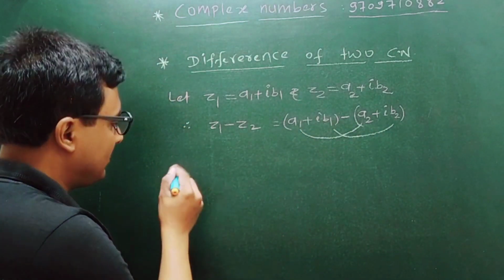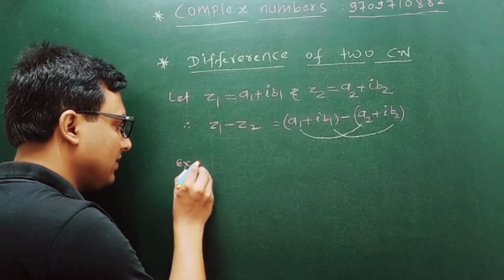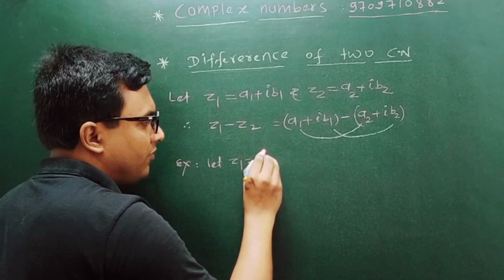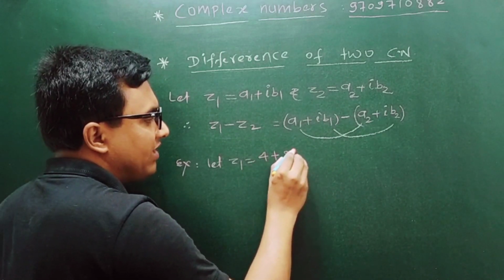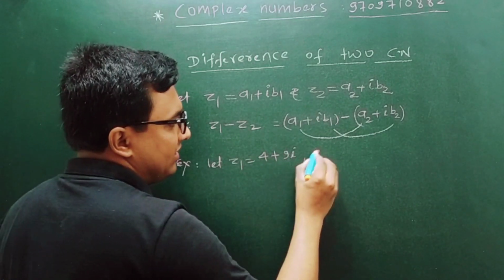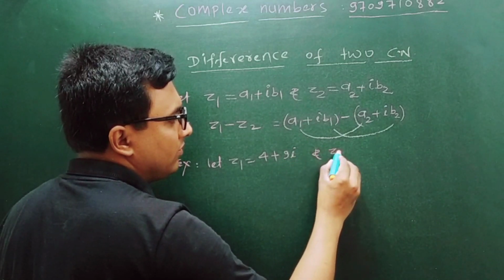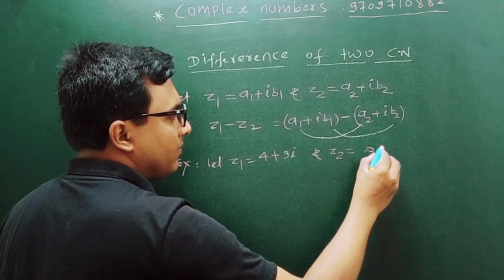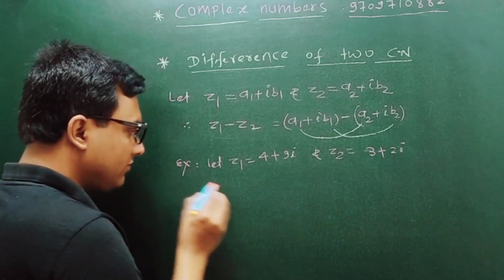Example: let z1 is equal to 4 plus 9 iota and z2 is equal to 3 plus 2 iota.